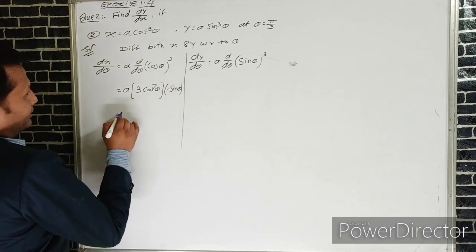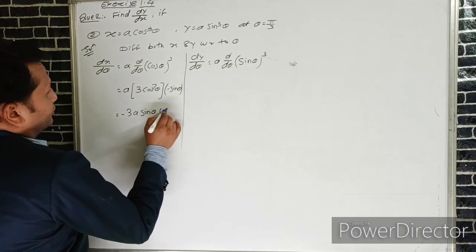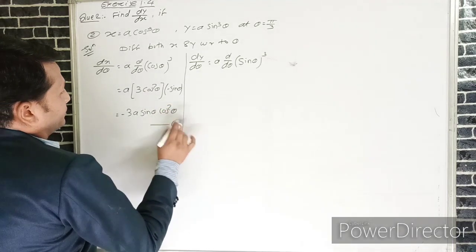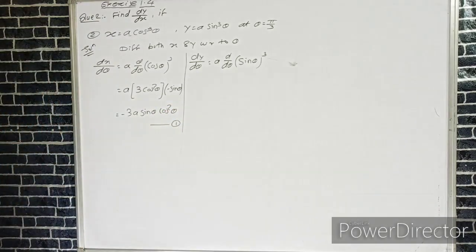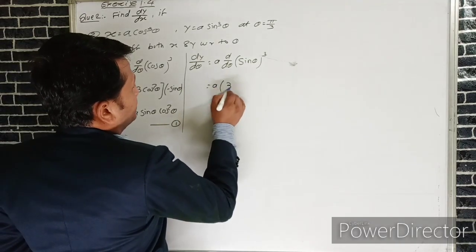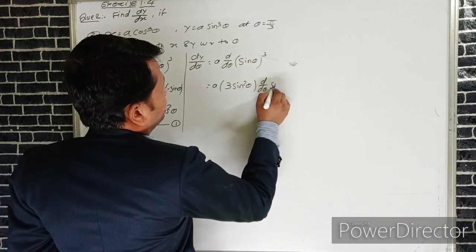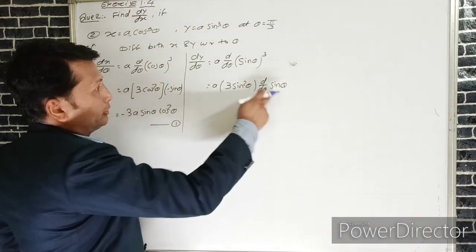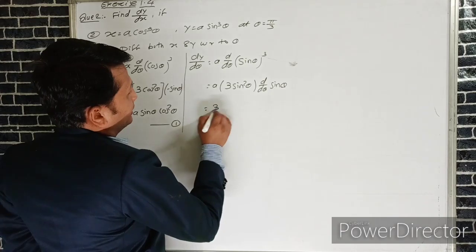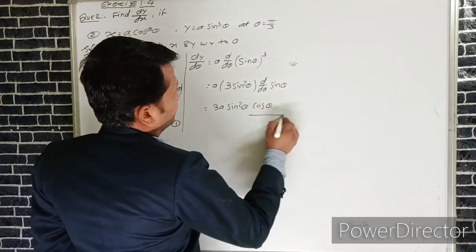Hence we can write minus 3a sin theta into cos square theta, which is equation number 1. After that, again we can write a into 3 sin square theta, and we take again the derivative of sin theta, which is cos theta, which gives 3a sin square theta cos theta.